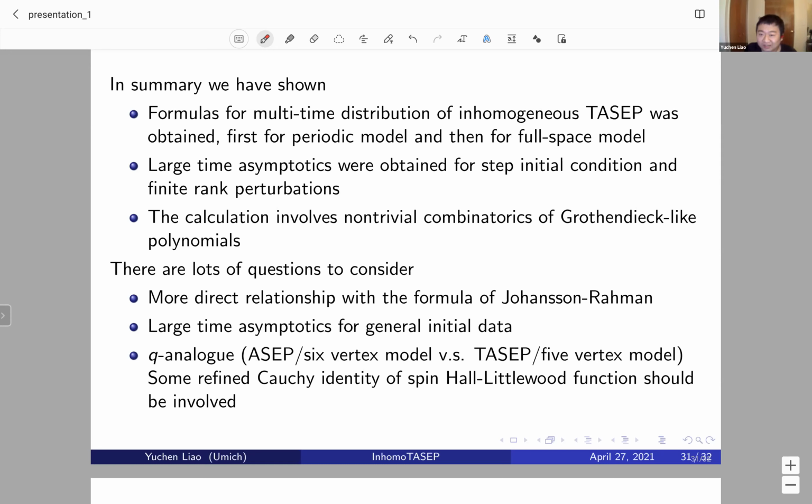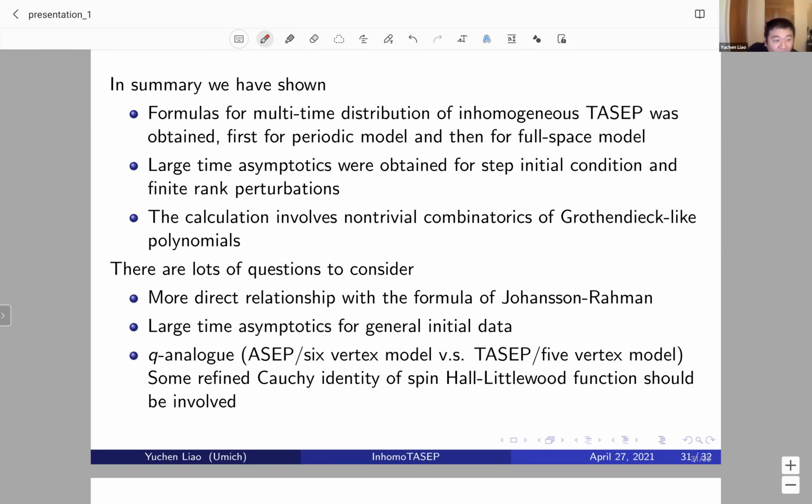For step initial data, that part is essentially a Cauchy determinant, or basically that part degenerates to 1 essentially. But in general, it's expressed by some Grothendieck polynomial type thing in terms of the initial data. So there's some hope one can massage this and understand the general large time asymptotic analysis.